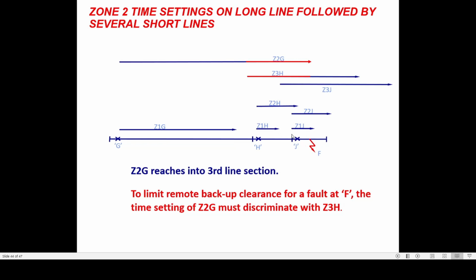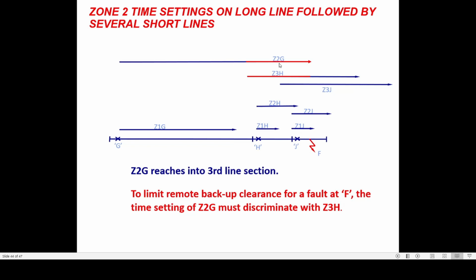Now if there is a fault on this line JK, then there comes a condition in which a fault in the line section JK, which might have been cleared by the relay at J, is not being cleared by the relay at J, but it is being cleared by the relay at G because it is in the zone 2 of this relay.